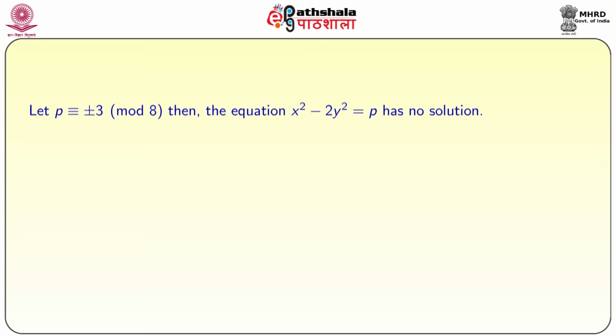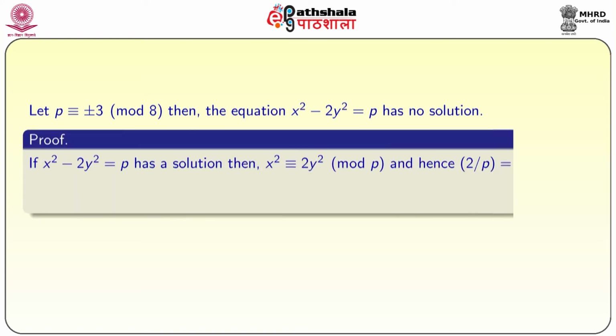That means we are solving some Diophantine equations by using quadratic residues. The proof goes like this: if x square minus 2 y square equal to p has a solution, then we saw in the proof of the previous result that x square is congruent to 2 y square mod p, hence 2 is a quadratic residue modulo p.